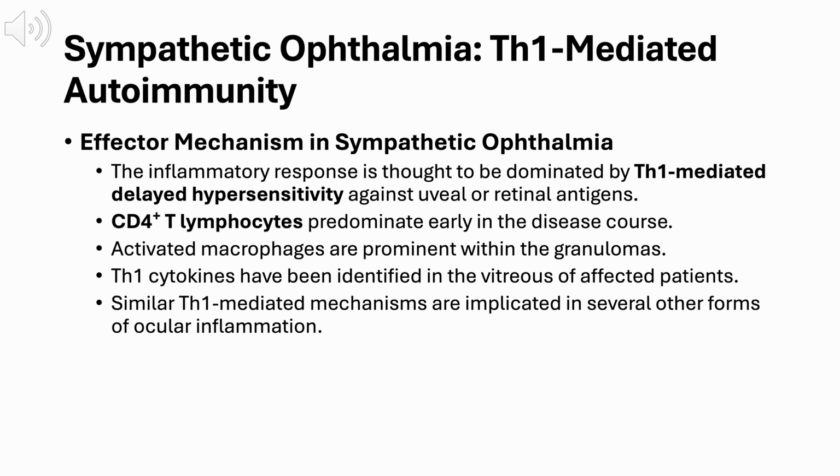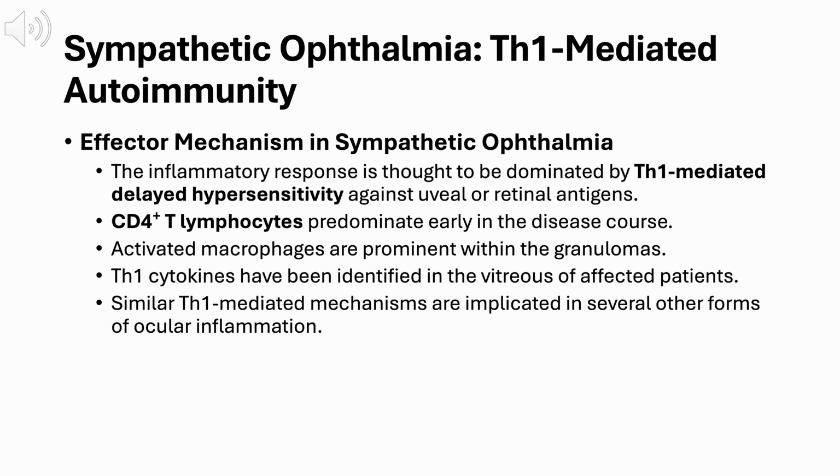This is a satisfying convergence of clinical picture, histology, and cytokine data, all pointing to one mechanism. And it's not an isolated case. Similar Th1-mediated mechanisms are implicated in several other forms of ocular inflammation, which is why understanding this prototype pays dividends across uveitis. Now, for contrast, let's swing to the opposite pole, a Th2-driven ocular disease, ocular toxocariasis.